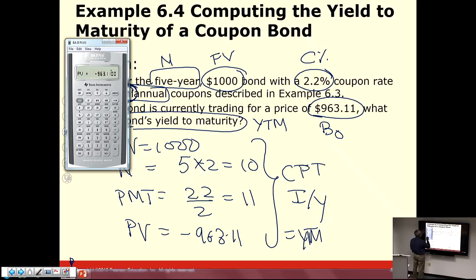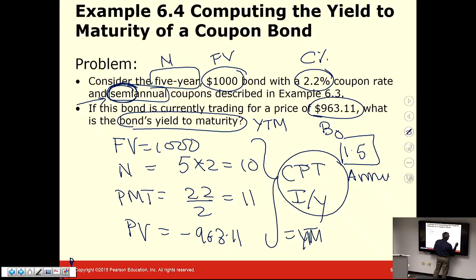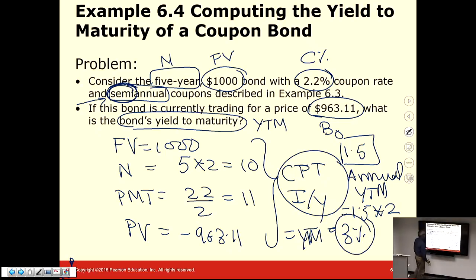I will compute I/Y, 1.5%. So I compute I/Y, that comes out to 1.5%. But this is 1.5% every 6 months. To get my annual YTM, I have to take 1.5 and multiply that by 2. That will give me a yield to maturity of 3%.